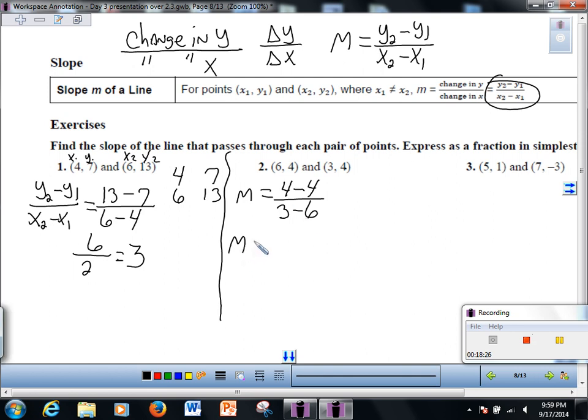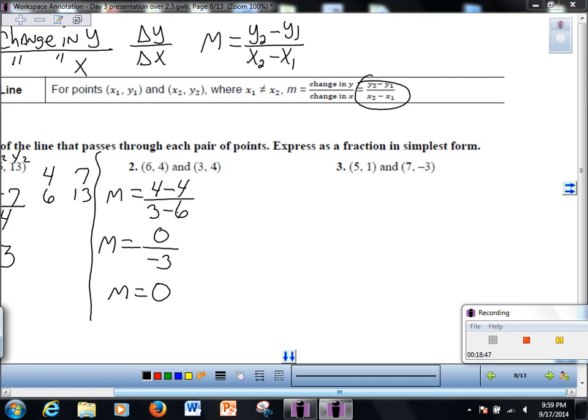Well, if I do this, 4 minus 4 is 0. 3 minus 6 is negative 3. If I type that in my calculator, I'm going to get a slope of 0. 0 divided by any number is 0.